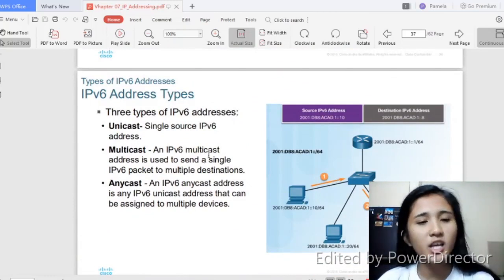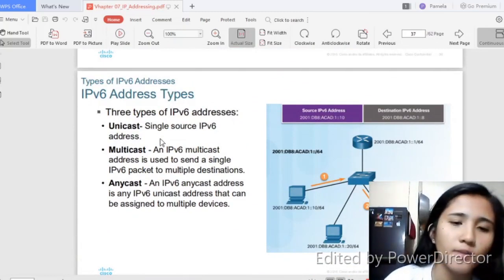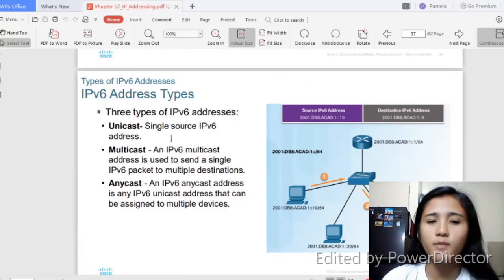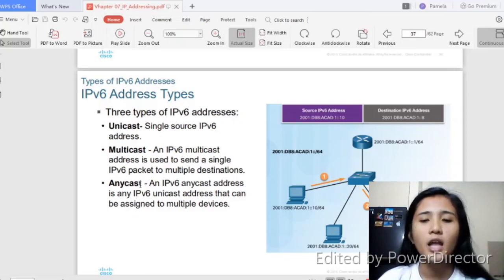There are three types of IPv6 addresses: unicast, a single source IPv6 address; multicast, an IPv6 multicast address used to send a single IPv6 packet to multiple destinations; and lastly, anycast.